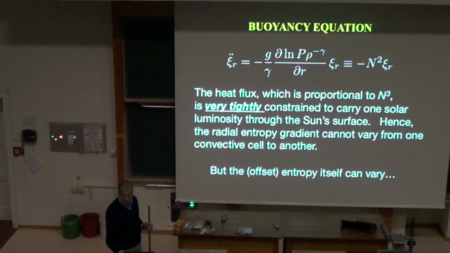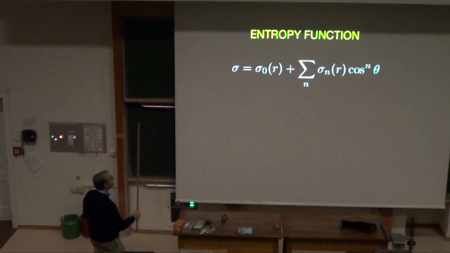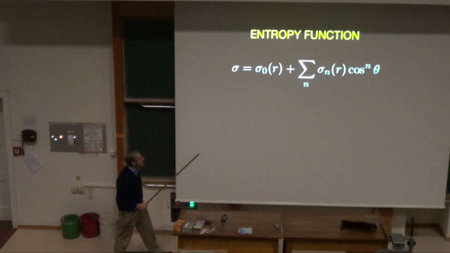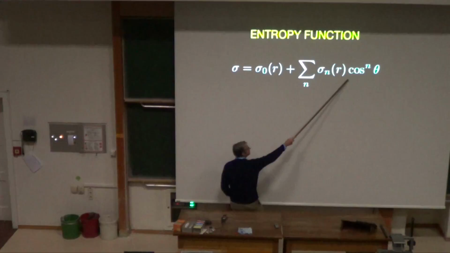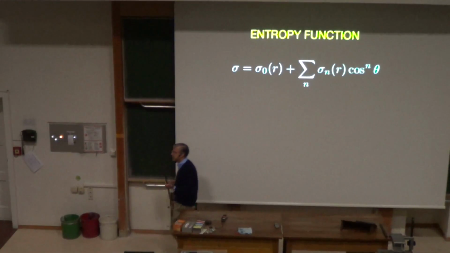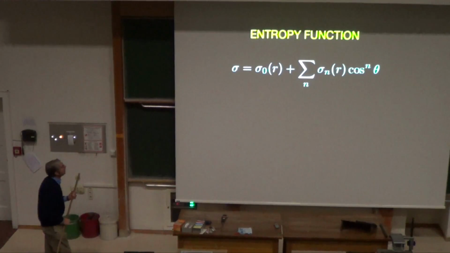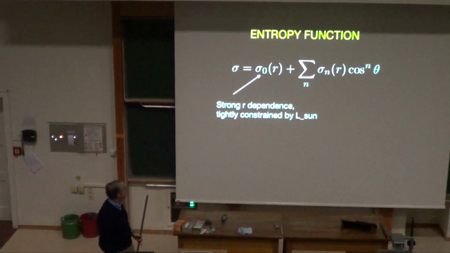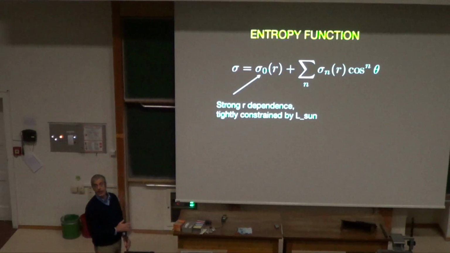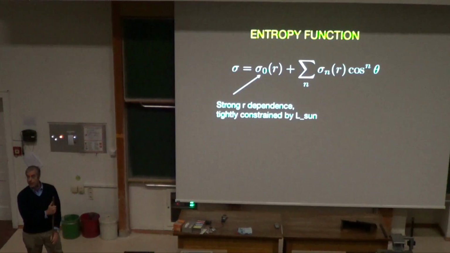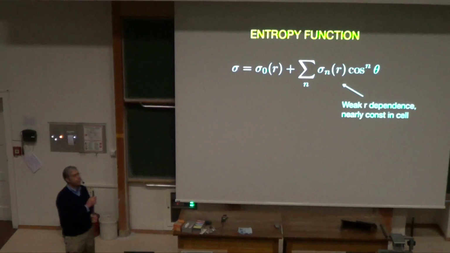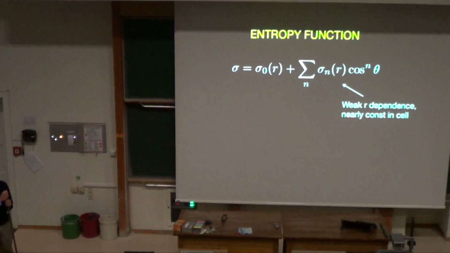So that's very interesting from a mathematical point of view. If I write down the entropy, then it's some function of r, this is the big piece of it, plus another function of r, which I expand in a series of powers of cosine theta. Then the first term has a strong r dependence and it's very tightly constrained. That's what sets the purely radial gradient. The second part of it has a relatively weak r dependence, because that's the part that's been mixed throughout the cell.